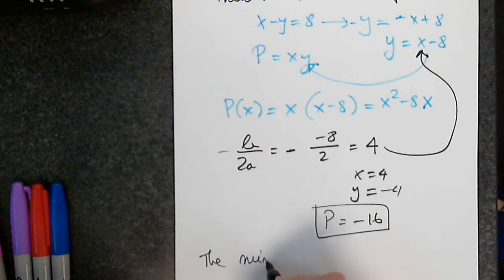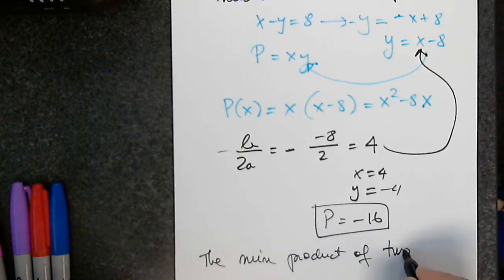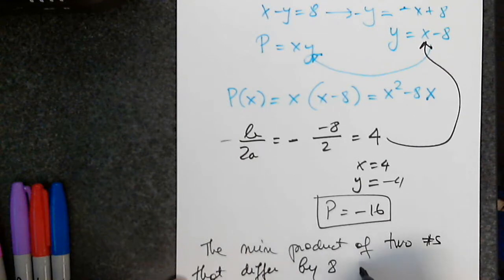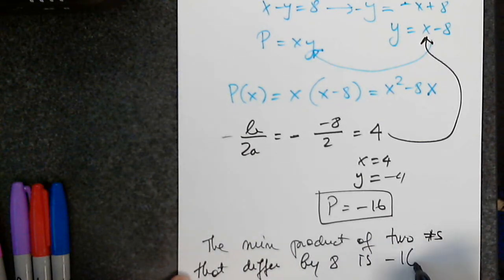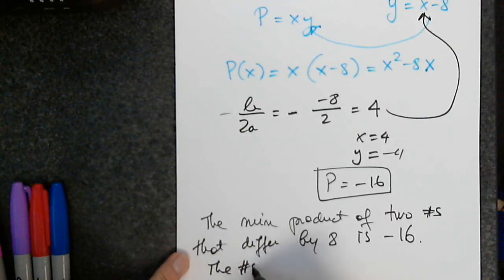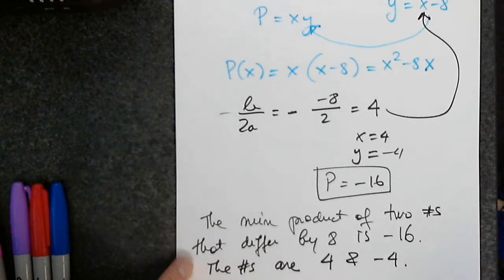The minimum product of two numbers that differ by 8 is negative 16. The numbers are 4 and negative 4.